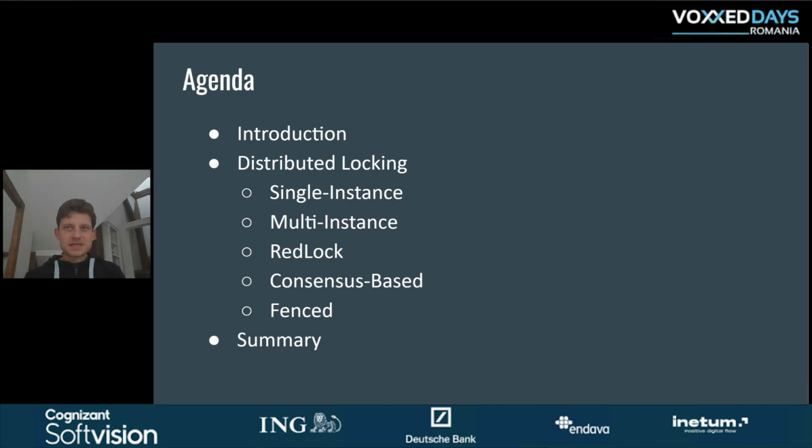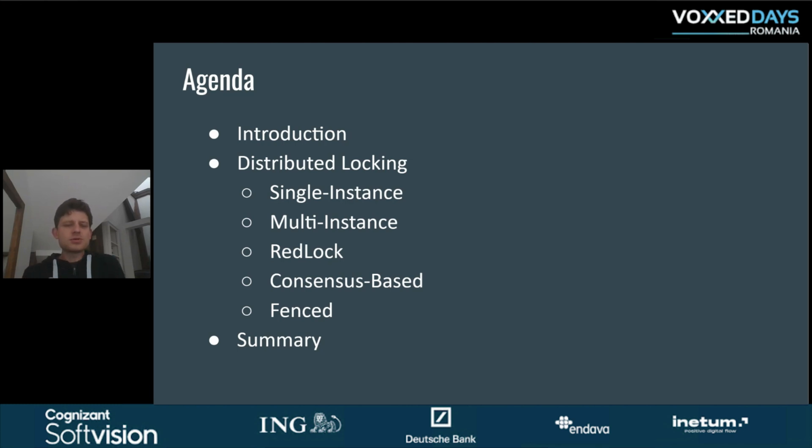We'll walk through the simplest possible scenario, which is not 100% correct, but it's good for some use cases, and then we end up with a 100% correct fenced locking solution. While I'm talking, I will always describe the solution, the problems you can have with it, and I will always give you the trade-offs, because there is no one single distributed locking mechanism that you should use.